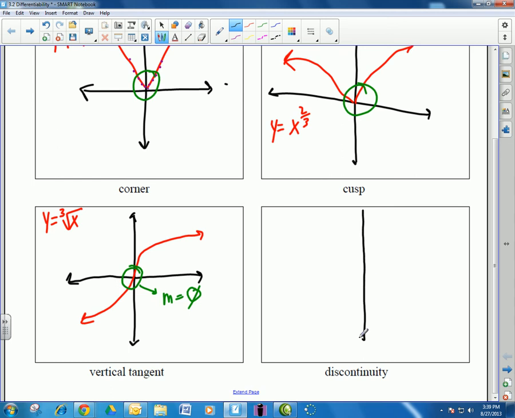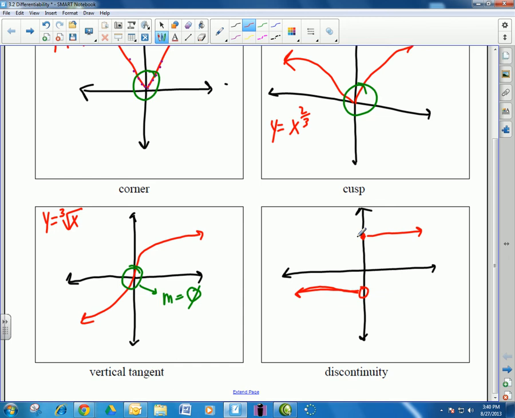So we have a corner, cusp, vertical tangent, and then the last one is a discontinuity, which we've been talking about for a while, but never looked at from the lens of a derivative. A discontinuity would be like a piecewise function. So you have this part going that way, and then you have this part going that way. For these piecewise functions, first of all, the graphs don't even meet up.